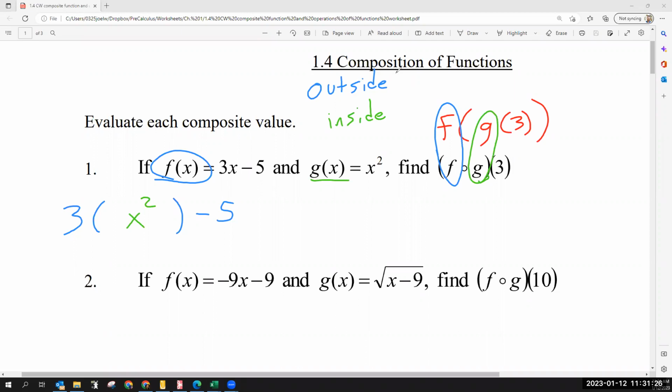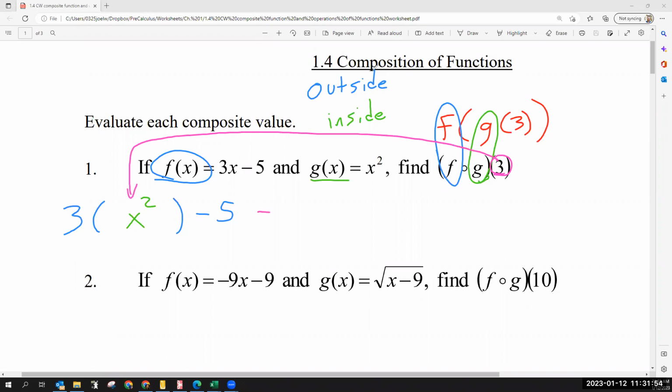One is f of g of x, and one is f of g of a value. Do you see how this one has a value right there? If that was just an x, I'd simplify that and that would be my answer. If it's a value, I go one step further and plug that value into my variable.